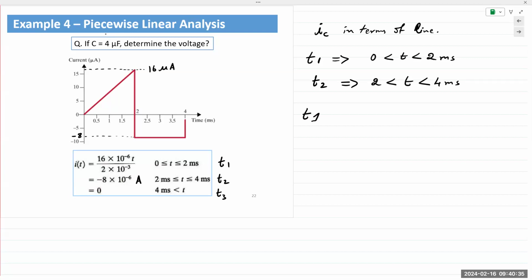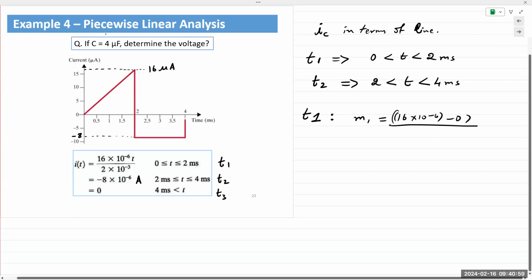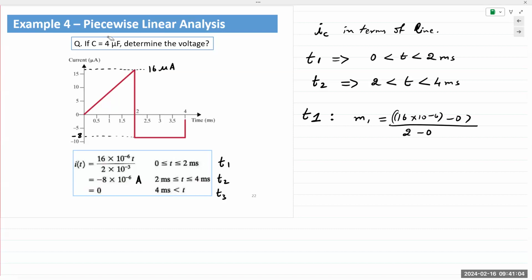Let's look at T1. My 2 points. M1 would be 16 microamps minus 0, divided by 2 minus 0 milliseconds.